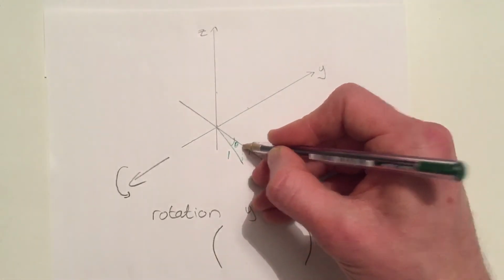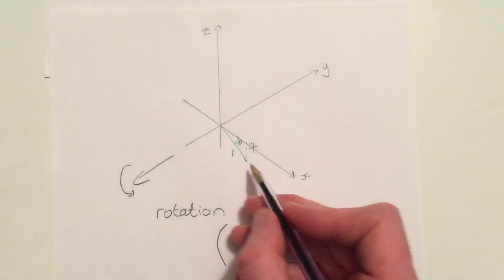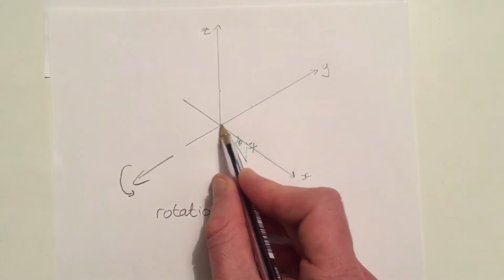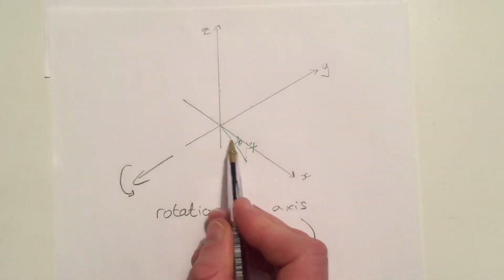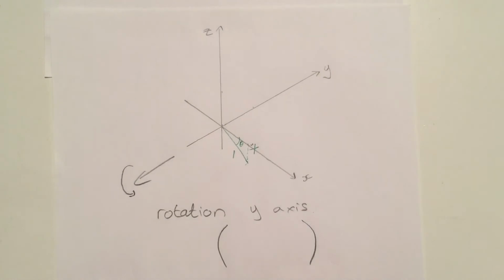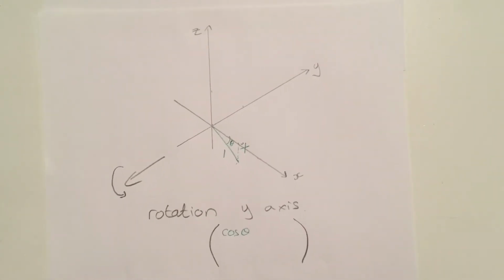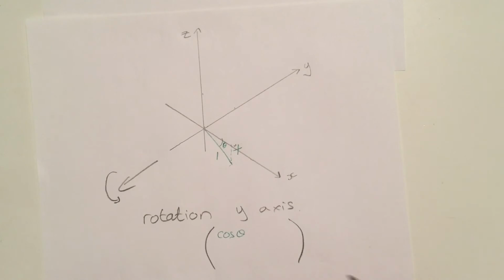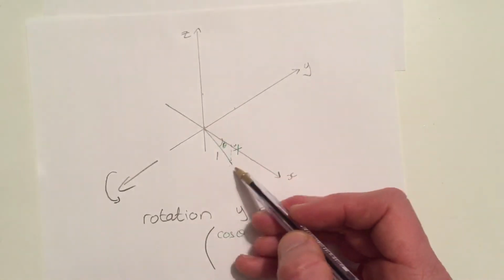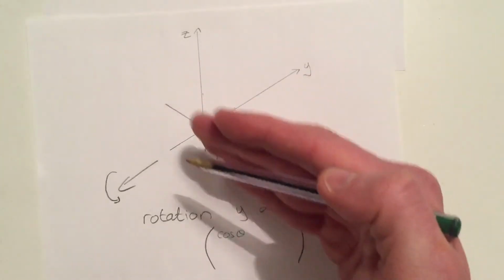If I draw a little right angle triangle, I notice that the x-coordinate of this point here is represented by the adjacent of this right angle triangle, so that is cos theta. The y-coordinate of this point, it's still in this plane here.